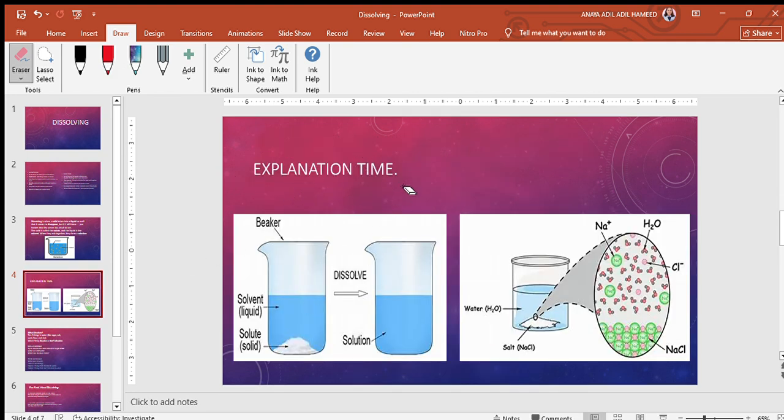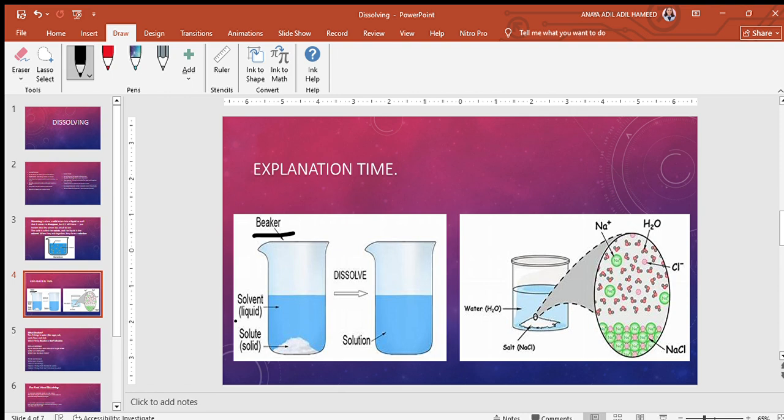Explanation time. What did you learn from the previous slide? You have to think in your brain. These are some examples. I'm going to explain one example. What is a beaker? A beaker is the thing in which you dissolve solvent and solute.